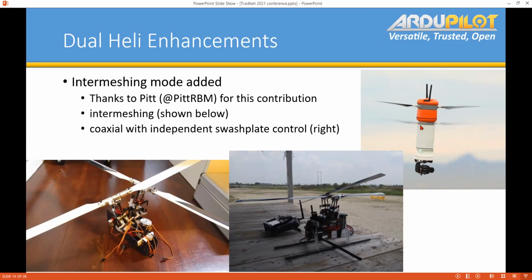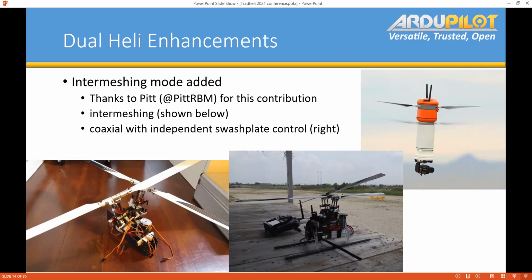Previously, coaxial rotor systems, shown over here on the right, were done full scale mainly with what they call a ganged swash plate configuration. So the swash plates are interconnected, mechanically linked and mechanically mixed. We could still do something like that with our code, but that's not what we wanted.